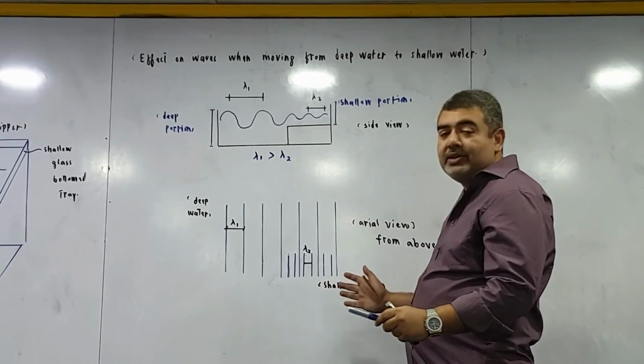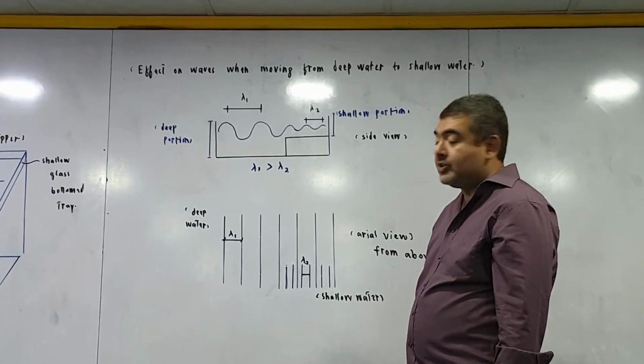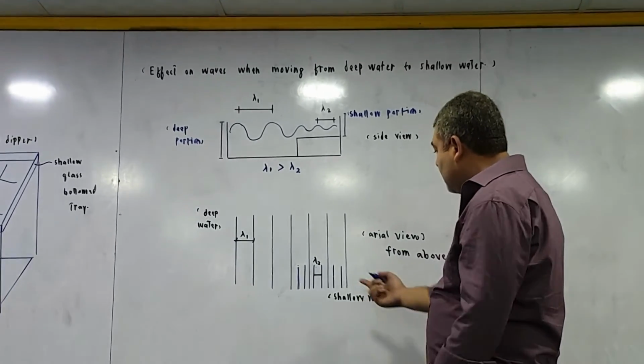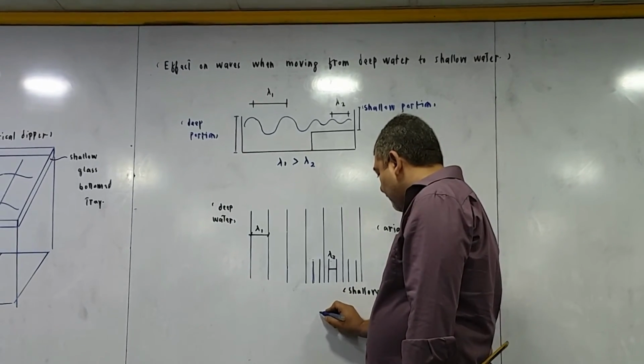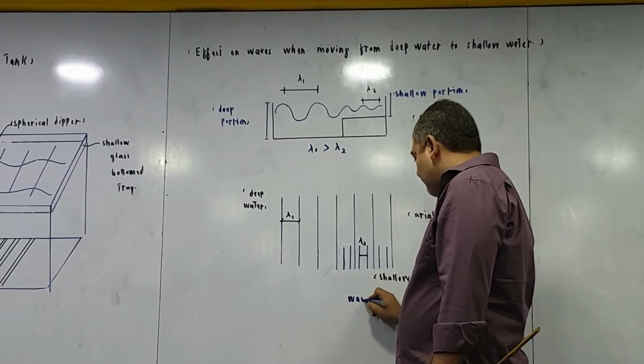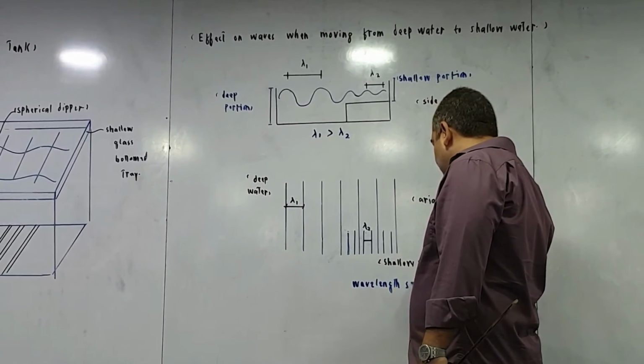And if you have long wavelengths, velocity of the wave is faster. So हम लिख सकते हैं कि the wavelength shortens. यहाँ पे क्या हो गया? Wavelength shortens.